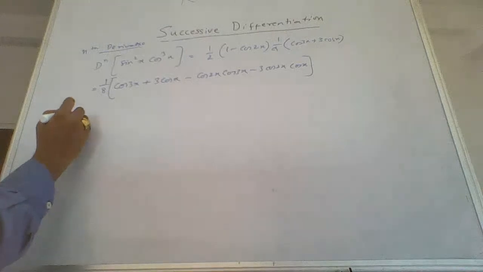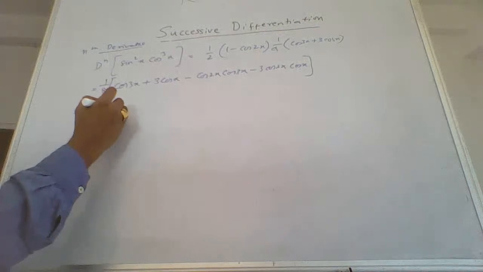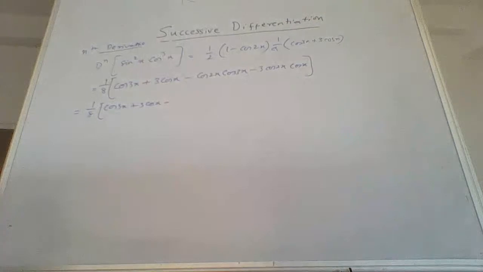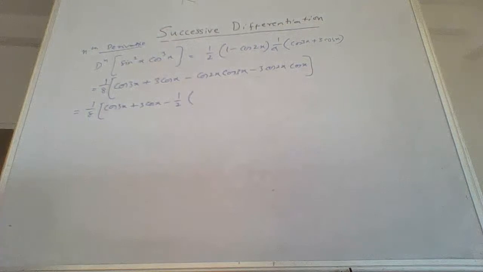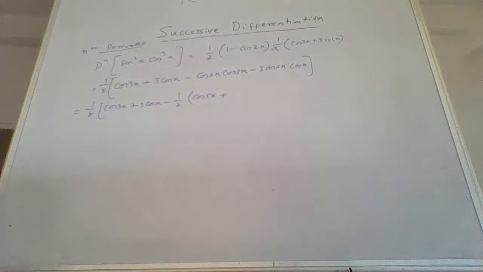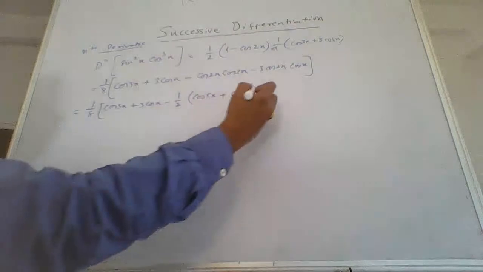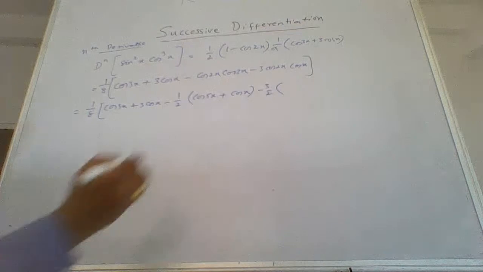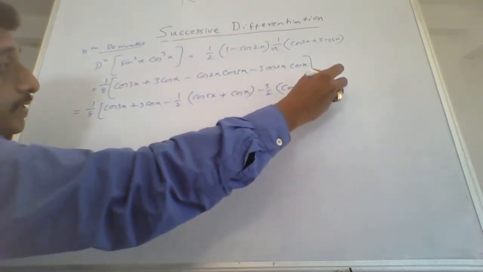Now further, if I try to simplify it, let us keep these two like that, cos 3x and 3 cos x, and I'll have 1 by 2 times that of cos 5x plus cos x minus 3 by 2 times that of cos 3x and cos x.